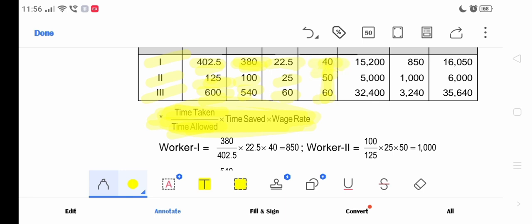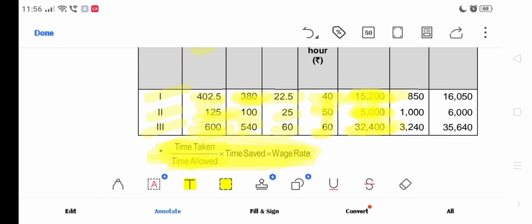What is the basic pay? 40 rupees per hour. So it comes to 15,200. And the same with worker number 2 and 3, they are going to pay 5,000 and 32,400. This we saw in part number 1, guaranteed hourly basis. We have seen, no, 15,200, 5,000 and 32,400. That only. Along with this they will pay the bonus part also.